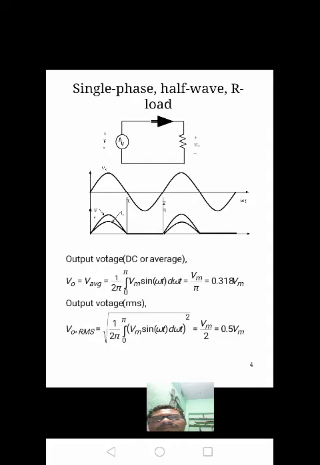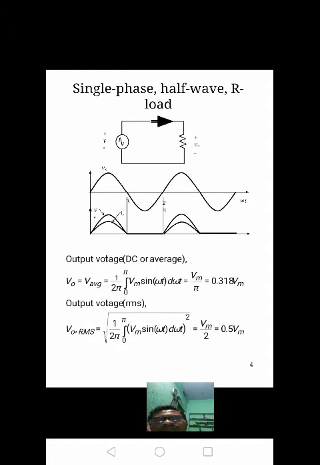This is the input waveform. In the diagram below is the output waveform. Here we are observing that only during the positive half cycle are the current and voltage waveforms present. During the negative half cycle there is no output voltage and current.